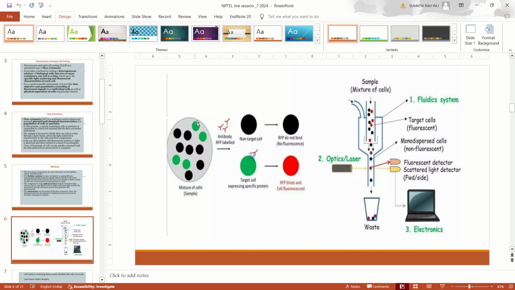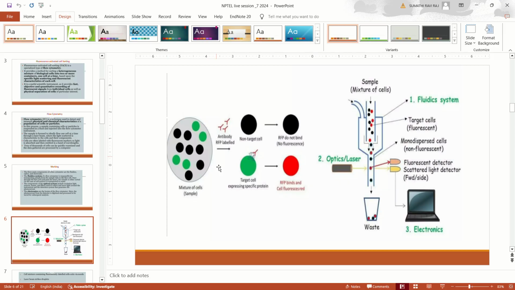Now you have these cells, which are your target cells, your green, and it won't be green in color, it's just to differentiate for our purpose of understanding. This is type A cells, this is type B cells, but all of them will not be having any dye or color in your sample initially.